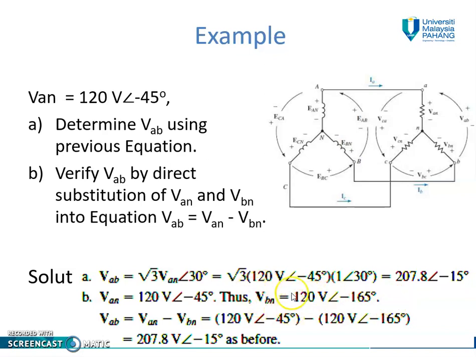Once we get the value of VBN, we substitute it in the given equation. So VAN minus VBN, we get 207.8 at negative 15 degrees. Okay, same as the first question.